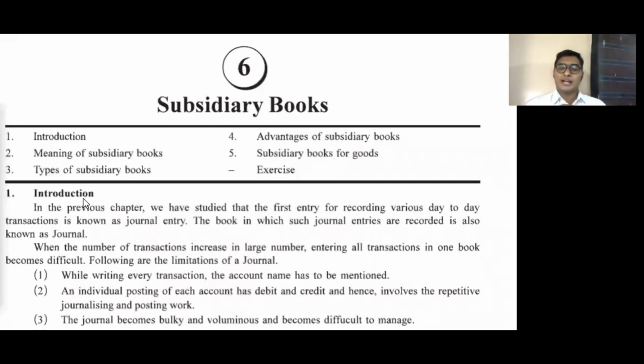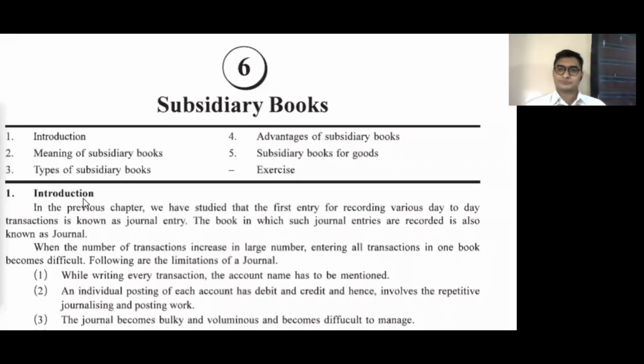So, how do we identify whether it is a cash transaction or a credit transaction? If the name of the person is given, then it is a credit transaction. Otherwise, it becomes a cash transaction. So, we have to read the transactions and check whether the name of the person is given or not. So, rule number one, only credit transactions are recorded in subsidiary books.